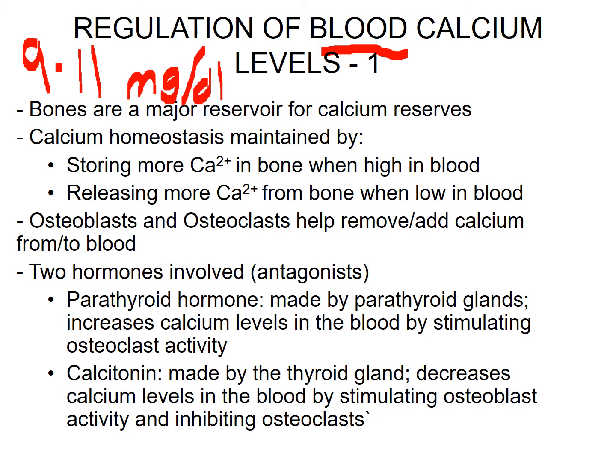So if we're at 7 or 8 milligrams per deciliter, yeah, we're kind of close. Well, guess what? We're in really, really big trouble, even though we're kind of close. If we're at 11.5 or 12 milligrams per deciliter, we are in really, really big trouble. So at all times, we need to make sure our blood calcium is between 9 and 11 milligrams per deciliter in order for proper function.